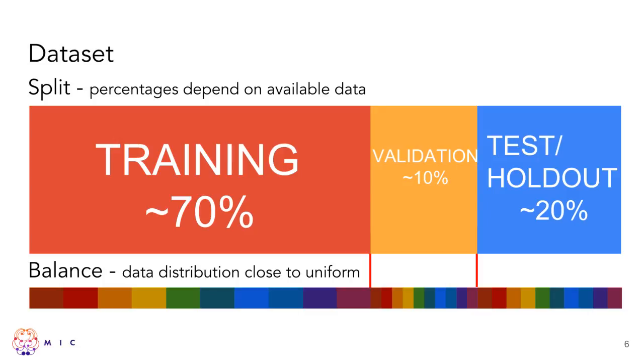So my point is, split depends on how much data you have available to you. There's no longer this golden ratio. And dataset balance is the idea that you should evenly represent each class that you're trying to classify in a model. I'll explain a little bit more about that in a second.